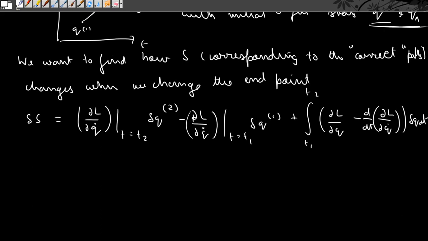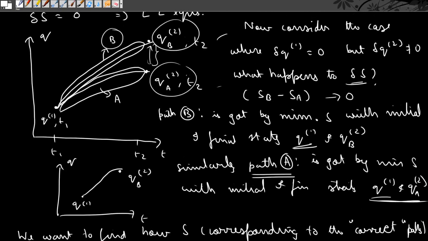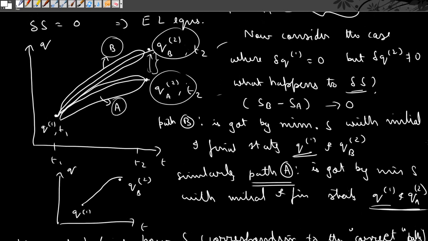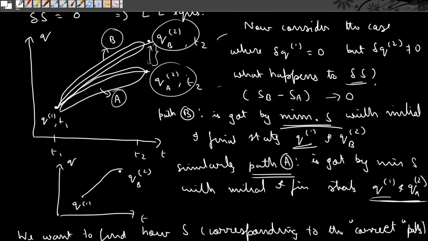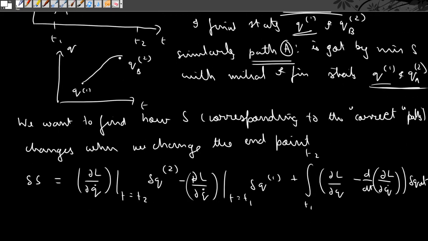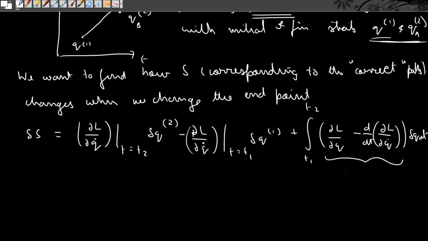Correct? Now, since both path A and path B correspond to paths with minimum S, our Euler-Lagrange equations must still be satisfied for those two paths, which means this term is still going to be equal to 0 because S is minimum for both paths. This can only happen if this term is 0.